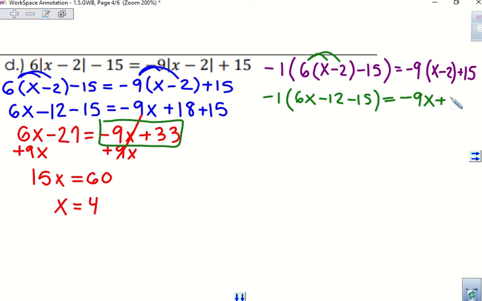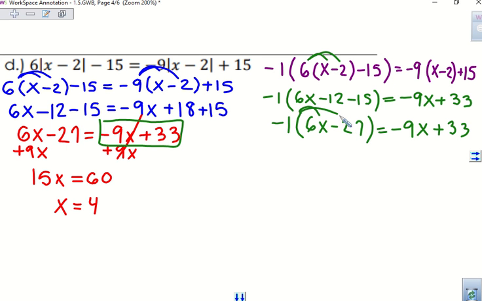If you want to, you can, but that side's going to come out to be that. Now I can combine like terms inside the parentheses. And then I can distribute the negative, like so. Now I can solve.